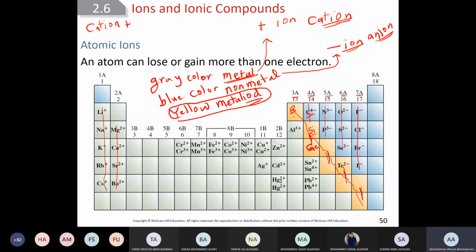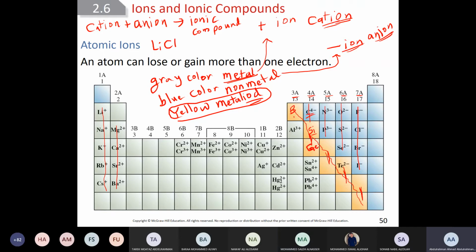When you have a cation combined with an anion, what do they make? Ionic compound. No charge, and it should be no charge. Is this clear? That's why if I have lithium with chlorine, what will be the ratio of lithium to chlorine? 1:1.